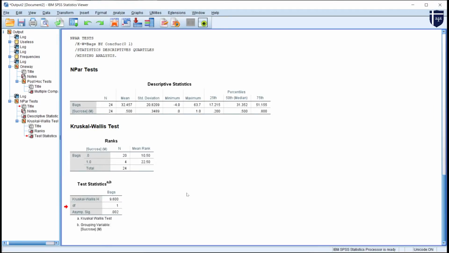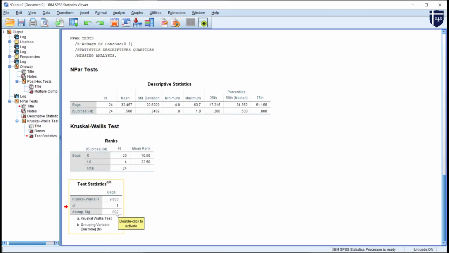So if you were presenting this to me, you could actually say, yes, the mass of the bags was significantly different after the experiment, and they were significantly different from each other depending on the concentration. You can say that now because it says it right here. P is less than 0.05.